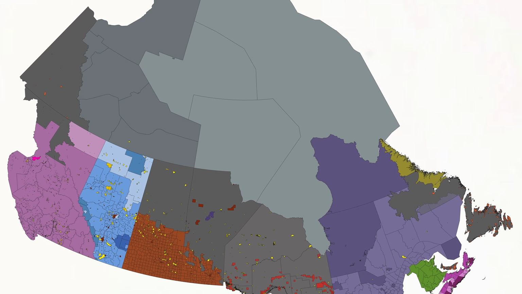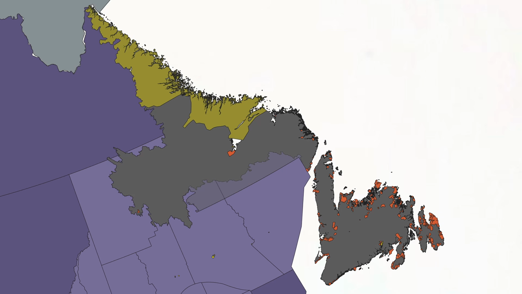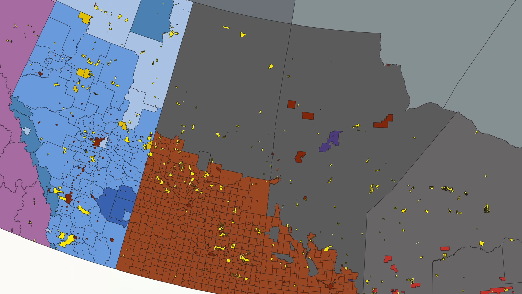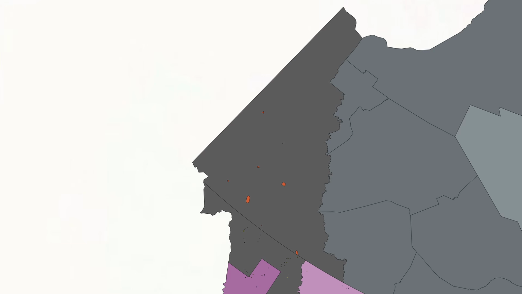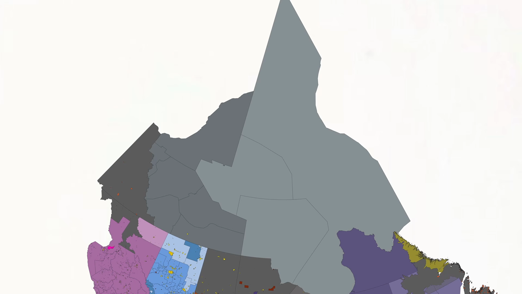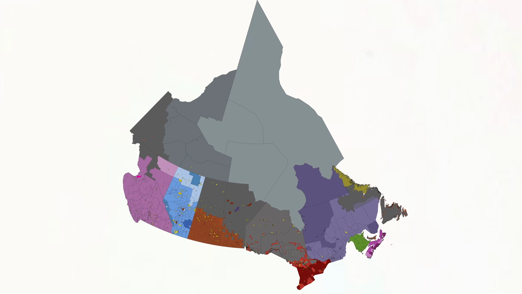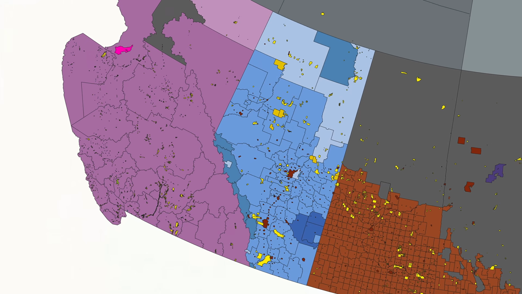Unorganized areas are found in Newfoundland and Labrador, Manitoba, Saskatchewan, British Columbia, Prince Edward Island, and the Yukon. However, there are other divisions on this map that are unorganized, but they have a special designation by the province or territory. So now let's look at each province's divisions, starting with Alberta.